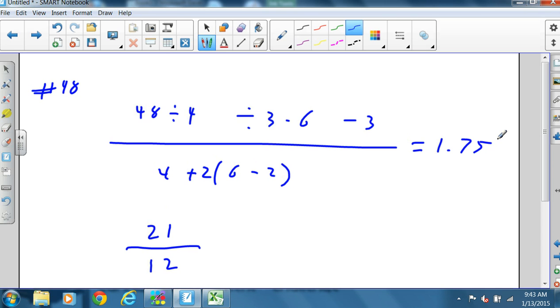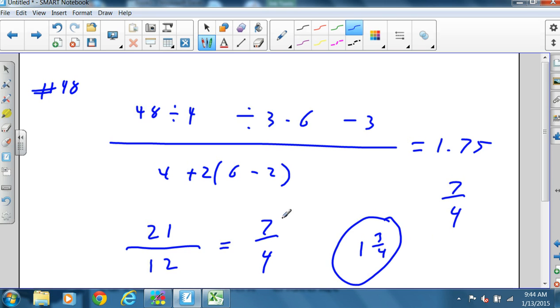Second function, change it to a fraction, I get 7 over 4. Yeah, 7 over 4. But I simplified it too and did 1 3/4. Yeah, 1 and 3/4 would be perfectly okay. So 7 over 4 is fine, 1.75 is fine, and 1 3/4 is fine too.